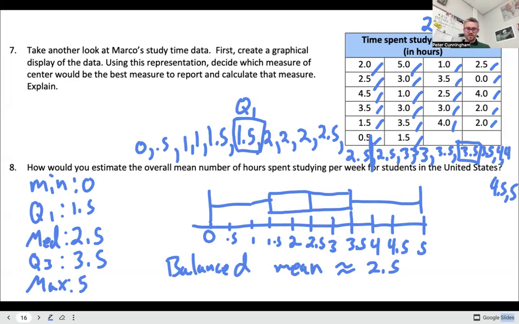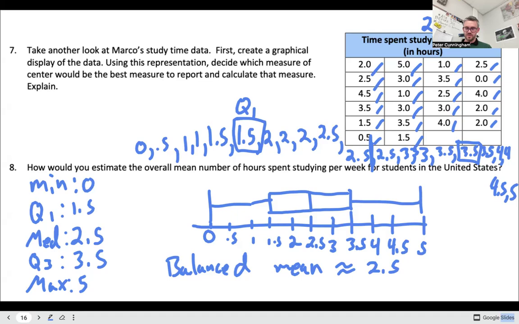Once I calculate the mean, I can pretty much confirm this. 2 plus 2.5 is 4.5, plus 1, plus 0.5, plus 5, plus 1, plus 3, plus 3.5, plus 1.5, plus 1, plus 3.5, plus 2.5, plus 3, plus 4, plus 2.5, plus 0.